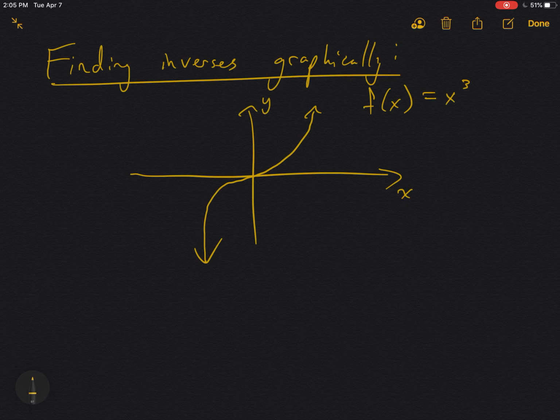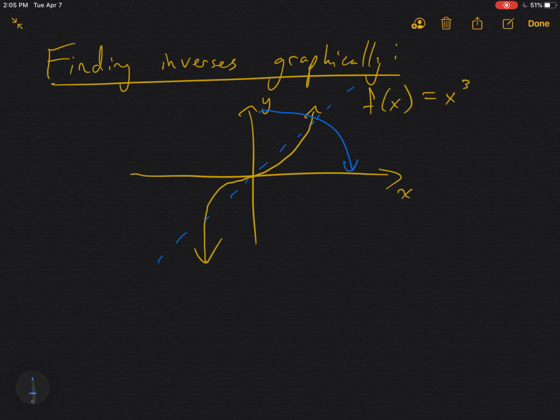So if I were to interchange the roles of x and y, then I would just be swapping the x and y axes, which is the same thing as just saying that I want to reflect this picture across that dotted line.